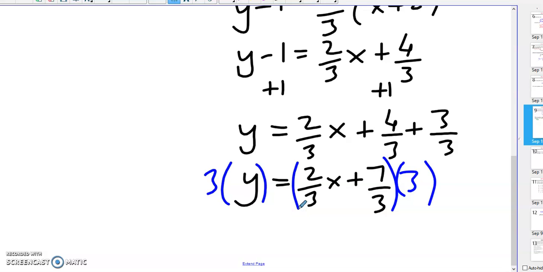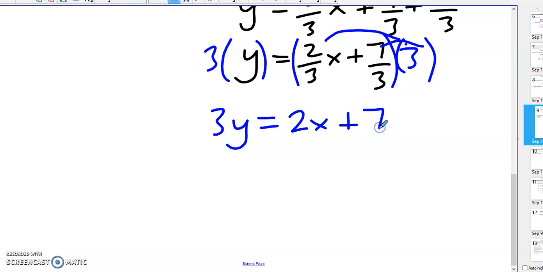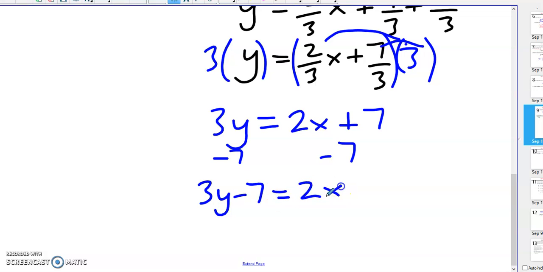And so this becomes 3y equals, we'll distribute the 3 across, 2x plus 7. And now we want the coefficient in front of the x to be positive. So let's move the 7 over. So we subtract 7, so we end up with 3y minus 7 equals 2x.